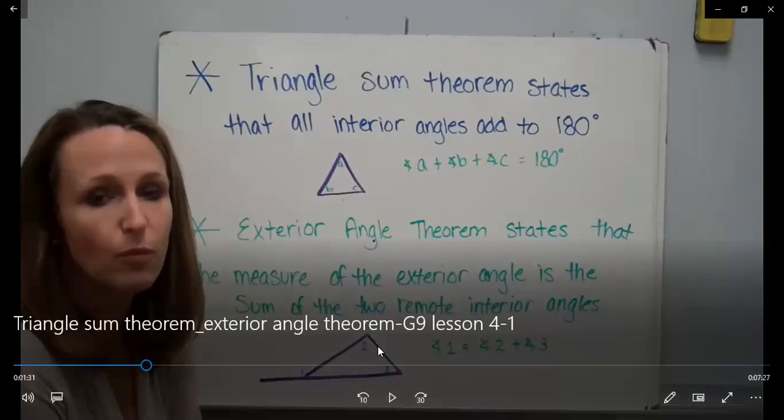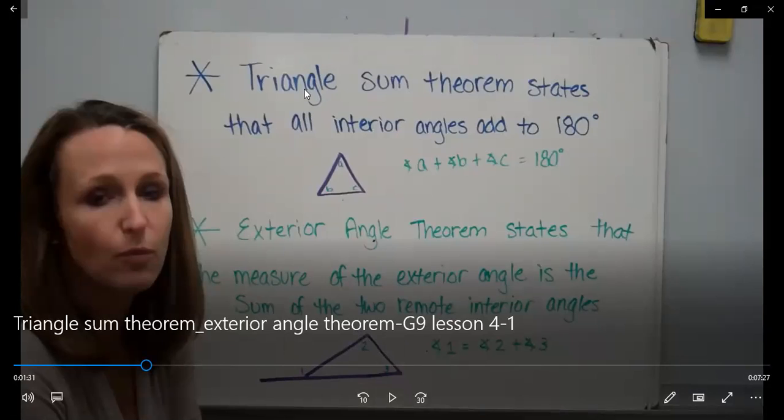Did you see the triangle here? We have an angle outside, called 1. And we have two angles, called remote angles, which are the two interior angles. Their sum equals the measure of the exterior angle.